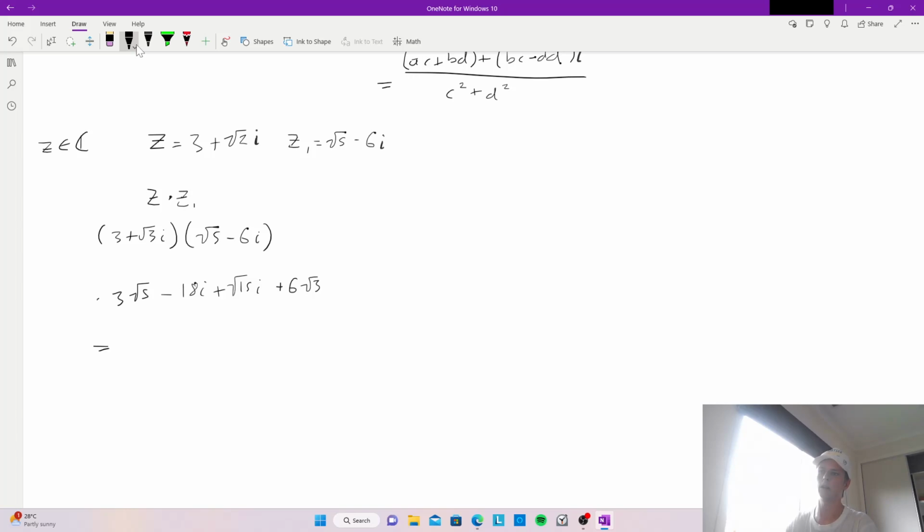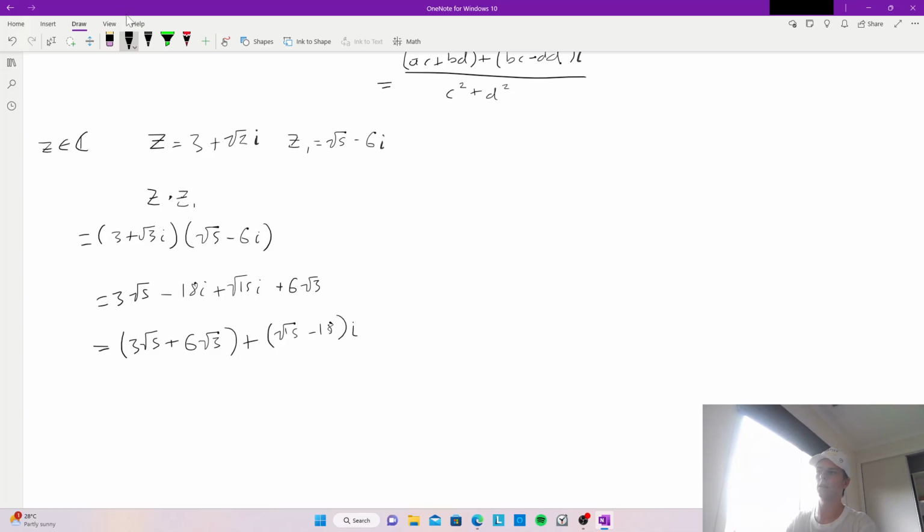Now combine our like terms of real and imaginary parts: square root 3 square root 5, and then 6 square root 3. Then we'll just do plus square root 15 minus 18i. And it is as simple as that.